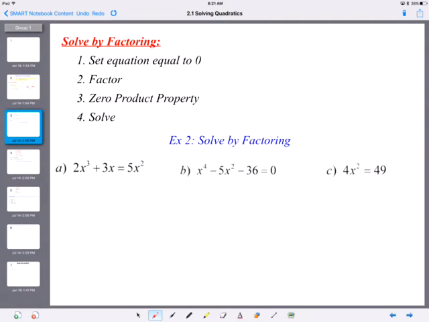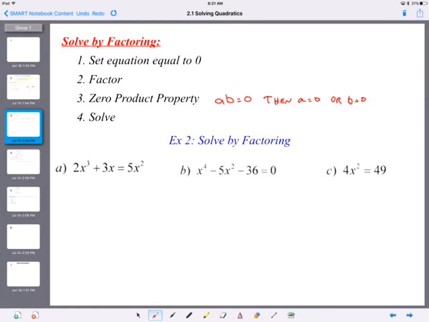The zero product property states that if two things are being multiplied to give you 0, so if a times b is 0, then a must be equal to 0 or b must equal 0. And so we use that in step number 3, and then the last one is to solve those factors and get our solution. So let's just practice a couple of these.